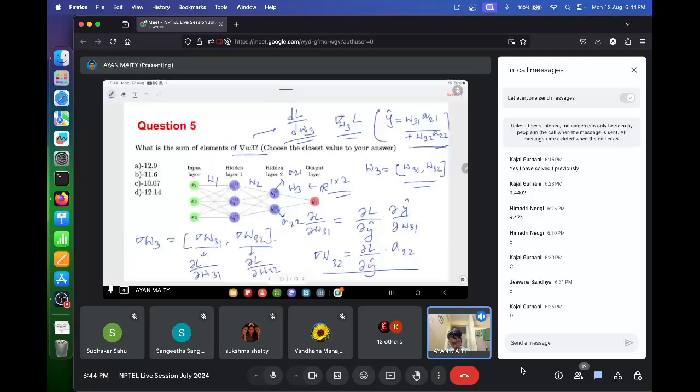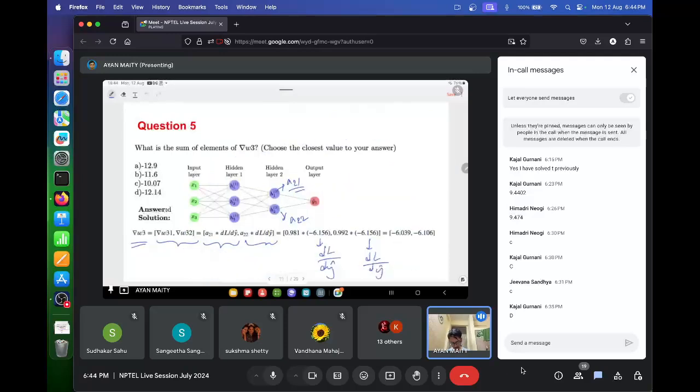So we just have to multiply these two quantities, and the output would be this one, minus 6.039 and minus 6.106. And the question asks for the sum of the elements, so you have to add these two elements and the output would be close to minus 12. So this one, minus 12.14.